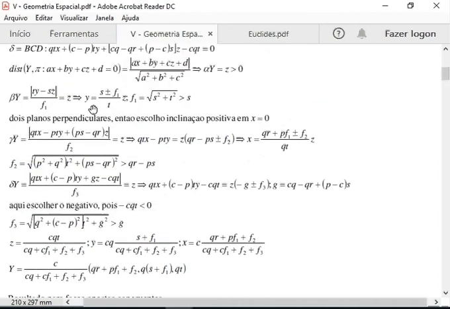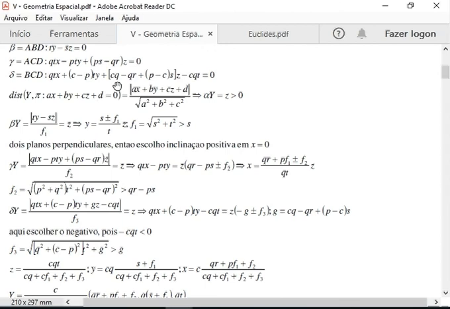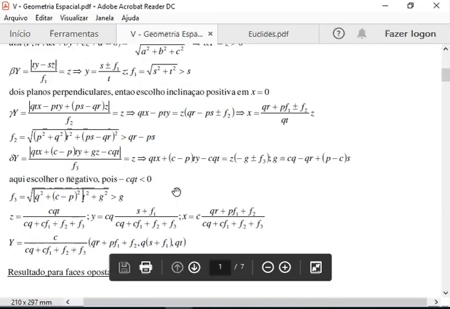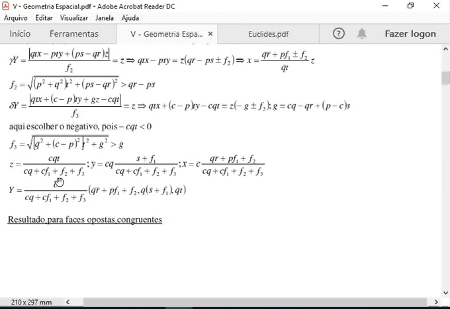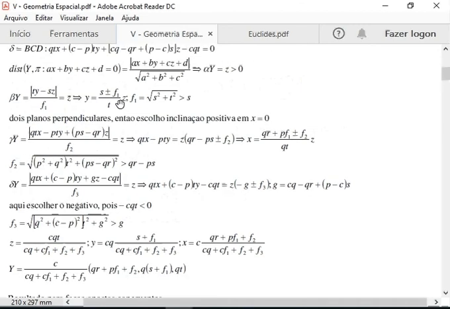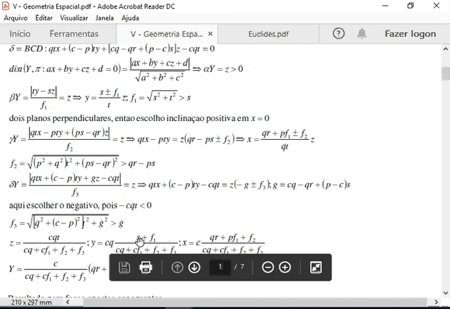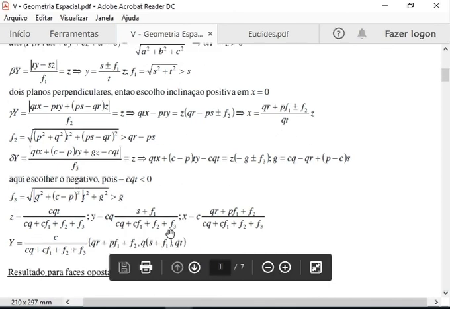And this G appears multiplying Z, and appears at the plane delta, CQ minus QR. Okay. We conclude who is Z: Z is CQT over plus F1 plus F2 plus F3. Y is Z over T times (S plus F1), S plus F1 over the same thing.